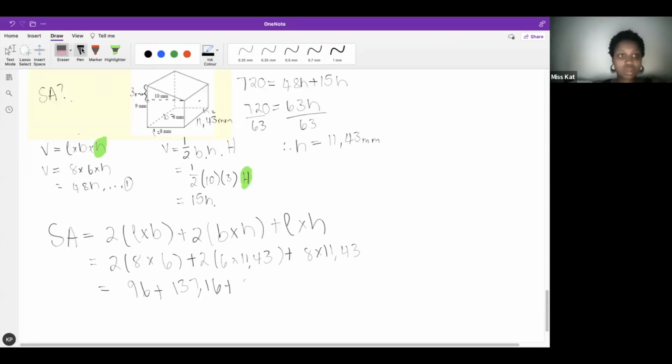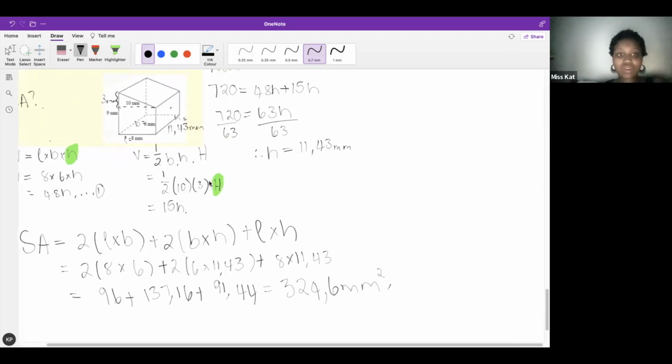Plus 91,44. Now, if I add these up, 96 plus 137,16, and indeed I get 324,6 millimeters. We are forgetting our units. It's millimeters squared. Okay, so we've done the one for the bottom.